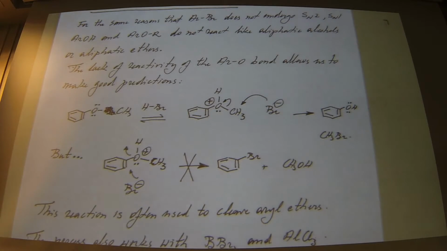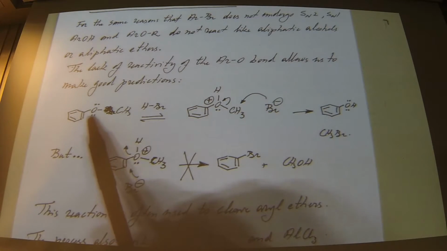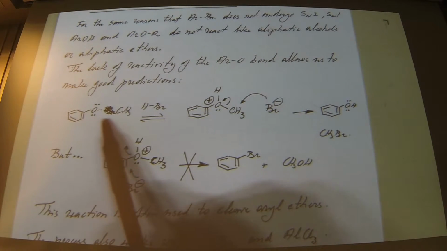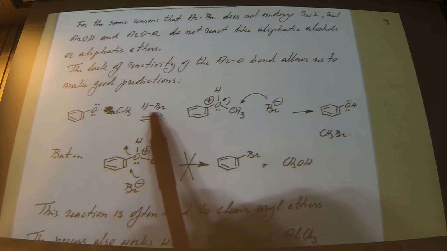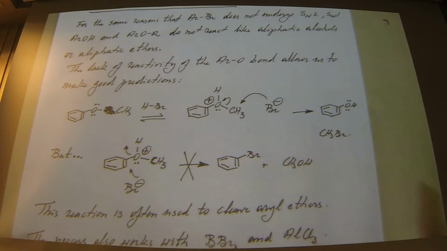And so if I take that methoxybenzene that I just formed and I treat it now with HBr, what's going to happen? Well, you know, it's pretty easy to see what's going to happen. You have electron pairs, non-bonding electron pairs on the oxygen atom of the methoxy. You have a proton, so of course you're going to get an acid-base reaction, reversibly.